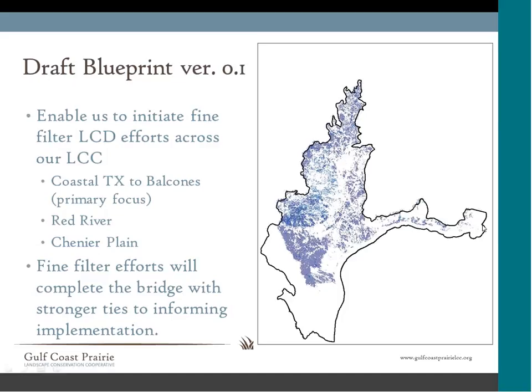So another thing that I mentioned early on in my talk is that this is an independent design effort where we're not promoting or haven't included any of the areas identified as conservation opportunity areas in Oklahoma or Texas or Louisiana.